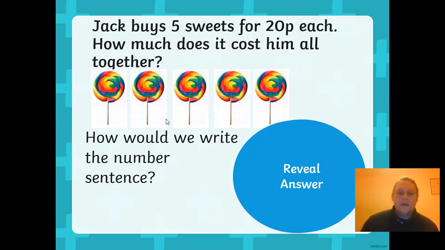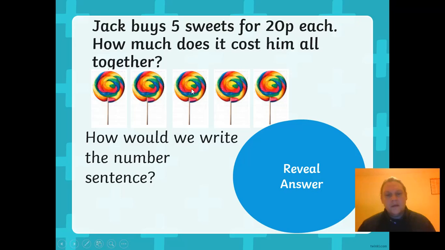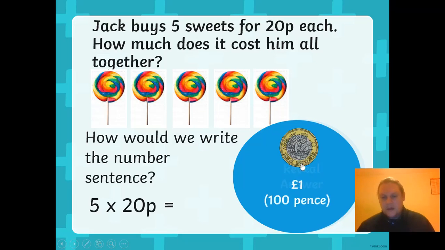Right, so how would we write the number sentence for this? Well, we know that each one of these lollipops is worth 20p. We've got 1, 2, 3, 4, 5 of them. How are we going to write our number sentence? 5 times 20p. Okay, and what's the total value? 20, 40, 60, 80, 100 pence. Okay, what's 100 pence the same as? £1. Okay.